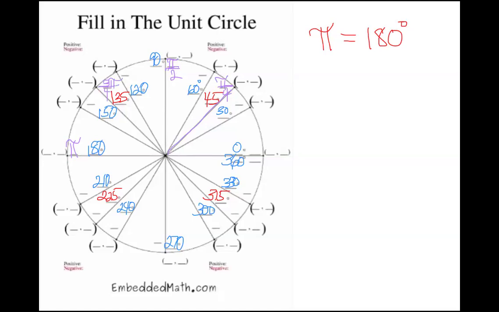Let's come down to the next 45 one, which is 225. So that's going to be 5 pi over 4. 6 pi over 4. I'm going to write it out here and simplify it. Those are both even. If you divide 6 by 2, you get 3. And you divide 4 by 2, you get 2. So that's 3 pi over 2.